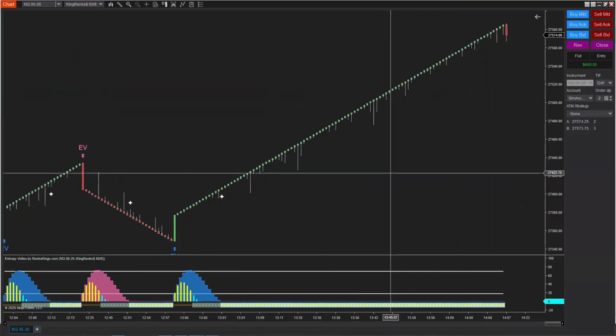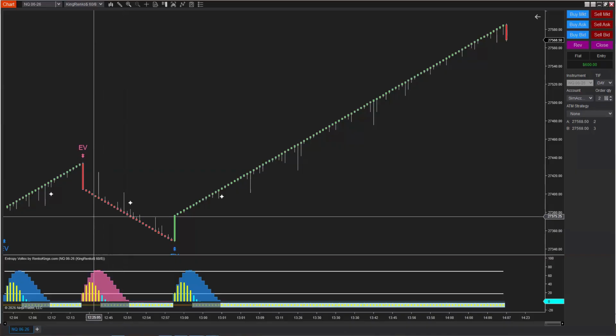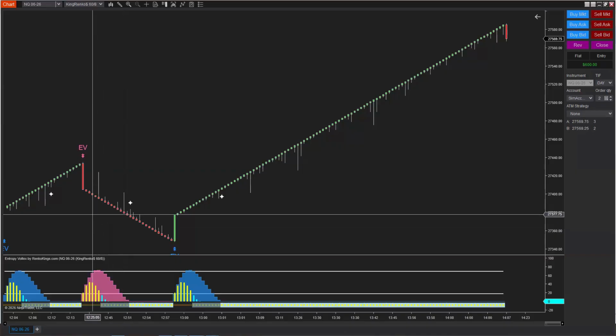By the way, another thing about King Renko bars, and that's true for Ninja Renko or whatever: the bigger the brick size, the less noise you're going to get. If you don't take anything else out of this presentation, hopefully you can get this.